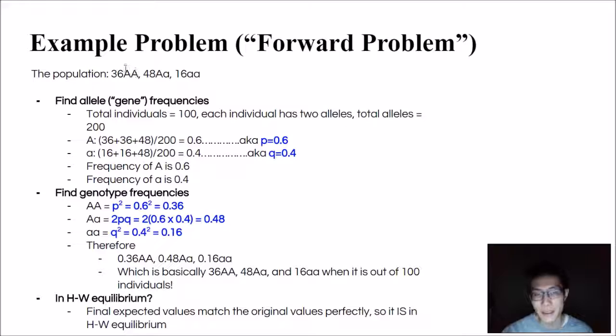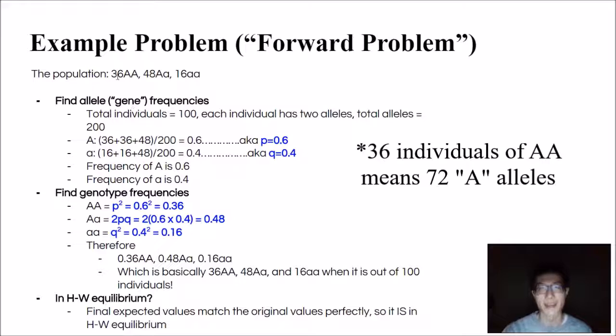You have 36 individuals with the genotype big A big A, so in total you have to add 36 plus another 36. Hopefully that makes sense, because each of those individuals carries 2 big A alleles, so you have to add those together.